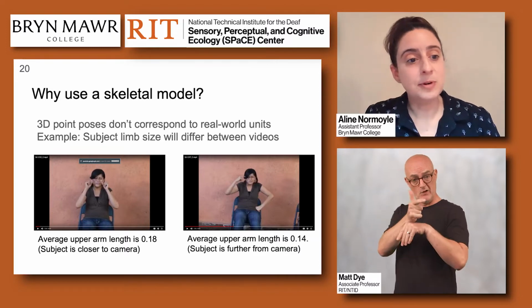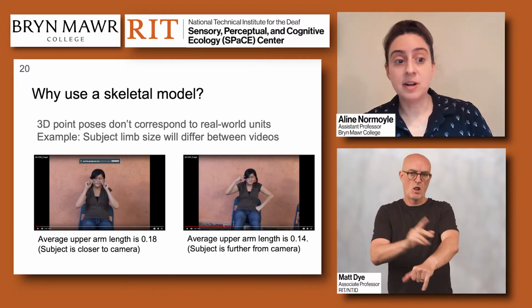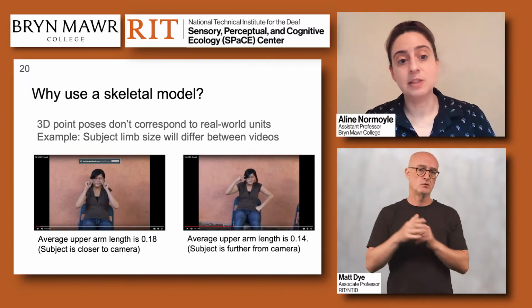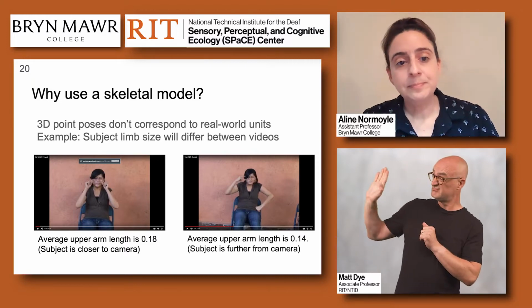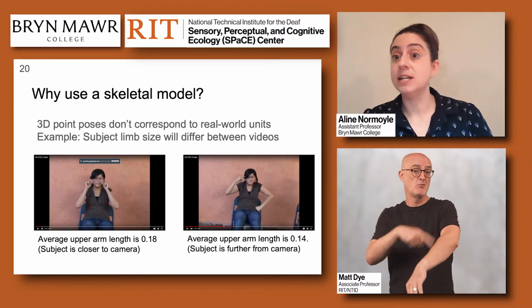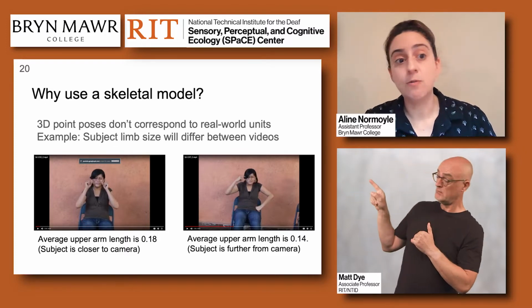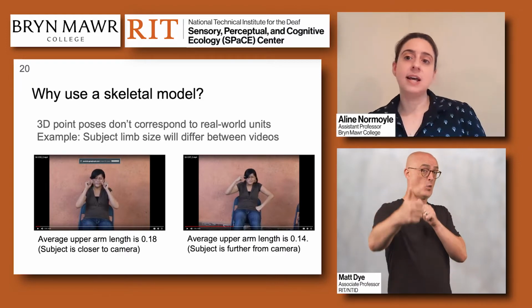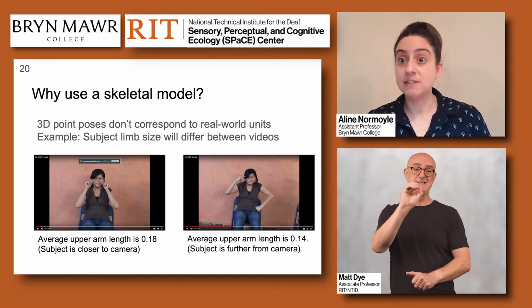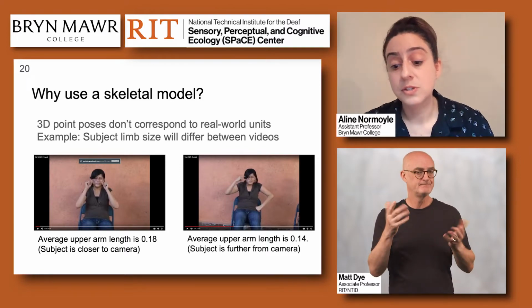And to give an example, on the left here, where the participant is sitting closer to the camera, we have a larger upper arm length, which is 0.18. Whereas in a different video clip with the same subject, where she's seated a little further away, we have the upper arm length as 0.14. So by using a skeletal model that we specify a priori, we control for all these differences between videos.